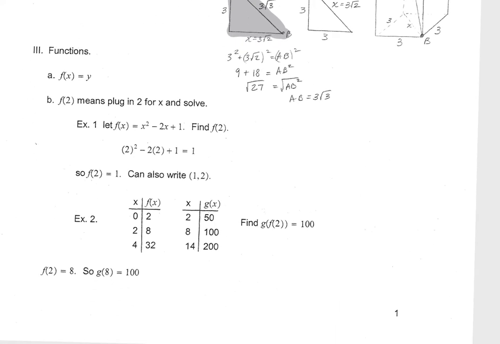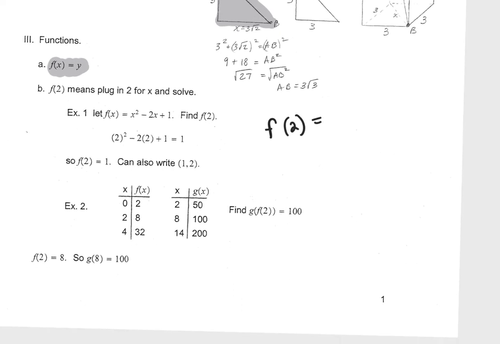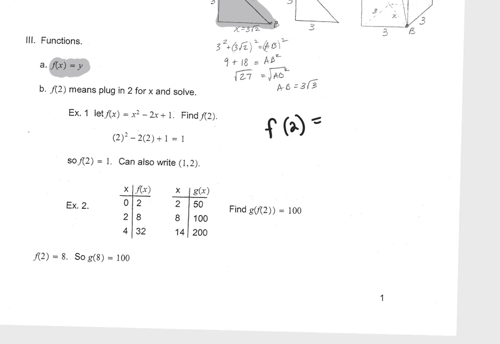When you get to function notation, so this is like f of x, okay? Hopefully we saw a little bit of this in Algebra 1, but it's been a while. That really just means f of x is the same thing as y. So if I saw something like, and they'll write it like this, f of 2 equals 3.